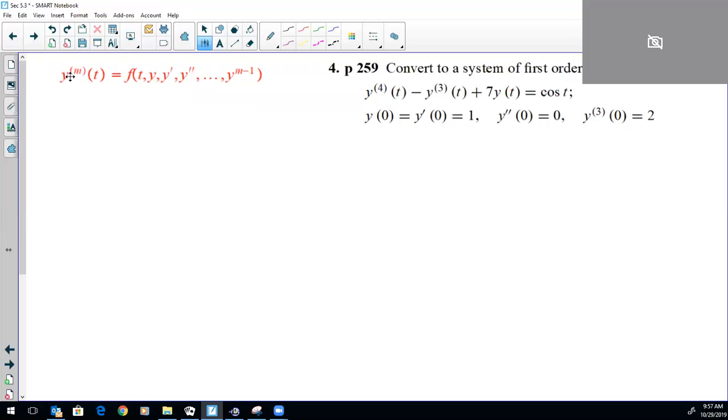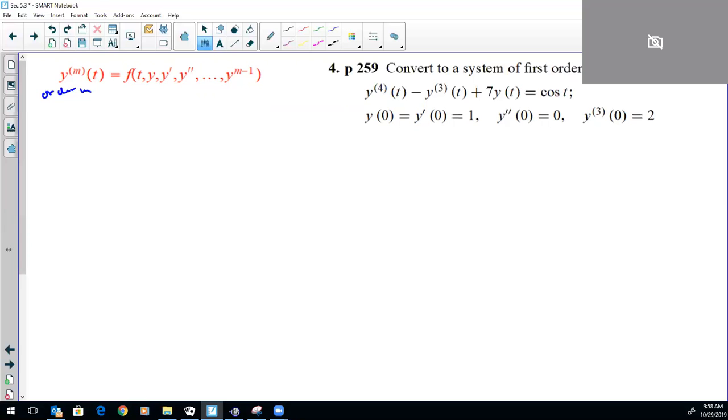So this is the mth derivative of y is some function of the independent variable t, y, and all the lower derivatives.